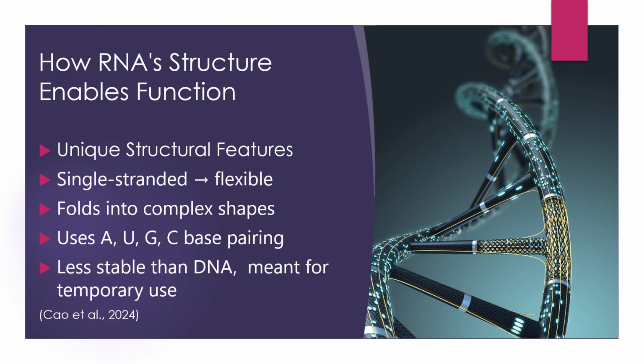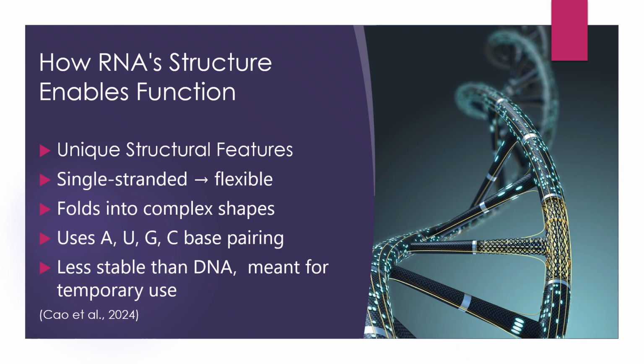The single-stranded nature of RNA allows it to bend, fold, and loop into many different shapes. These shapes are not random. Each structure directly determines how the RNA functions within the cell. This structural flexibility is what allows RNA to perform such a wide variety of roles.